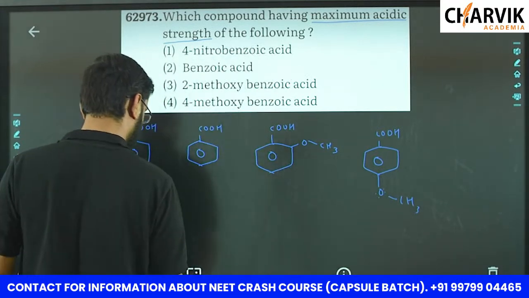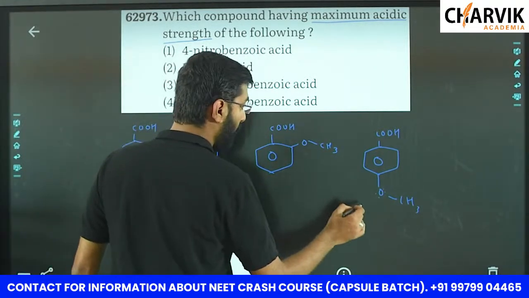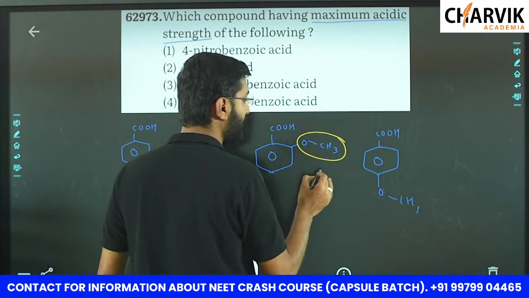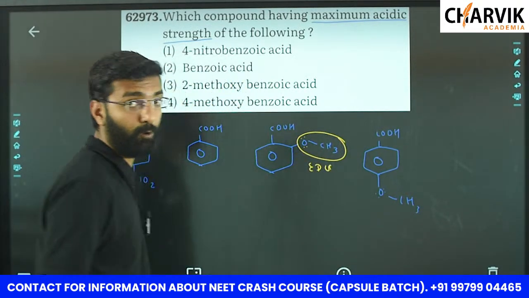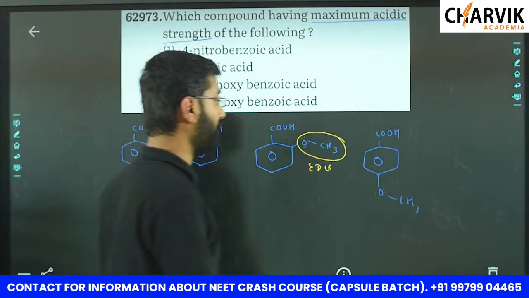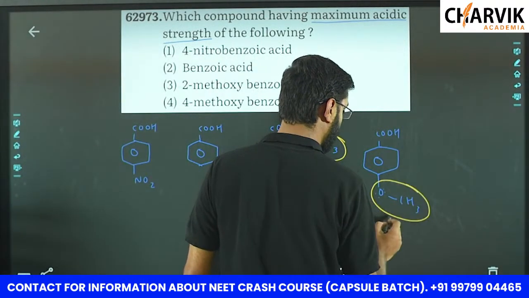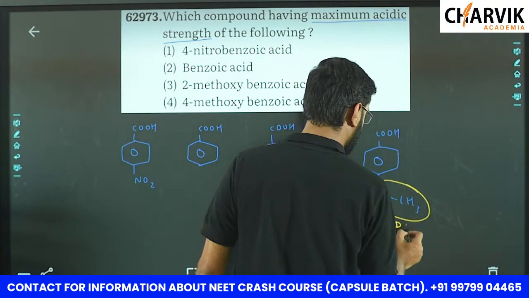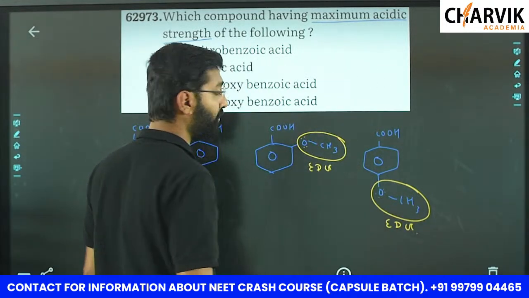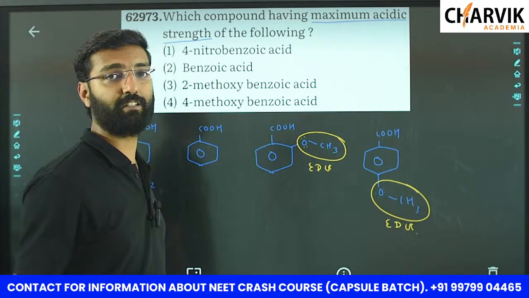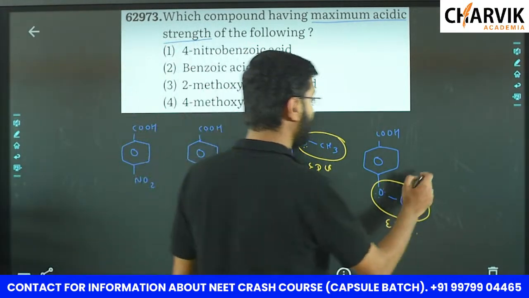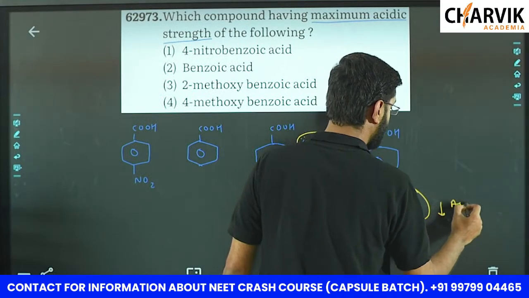Now you know very well that OCH3 is an electron donating group. Here also OCH3 is an electron donating group, and electron donating groups decrease the acidic strength.